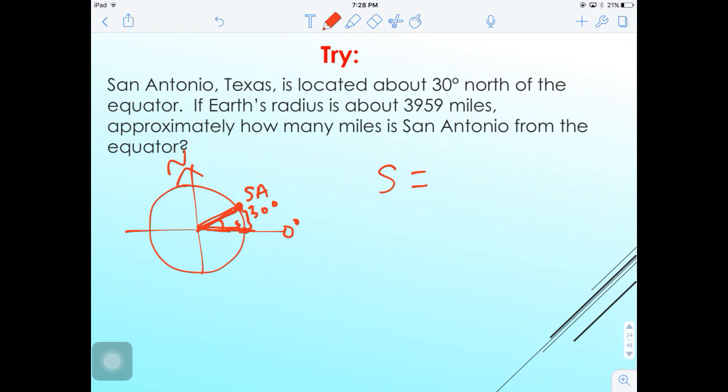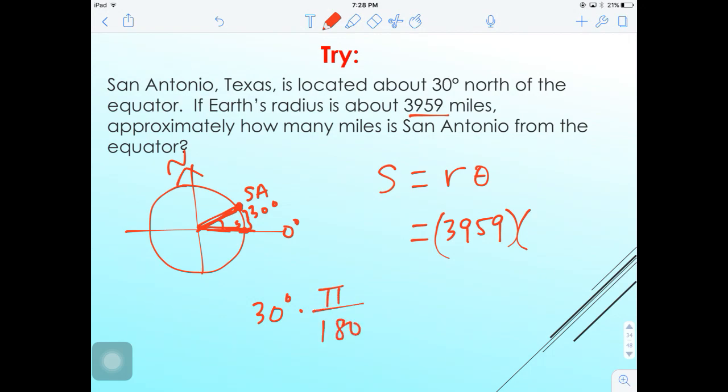Once again, using the formula that we just learned, S is equal to the radius, which in this case is 3,959, times the central angle. And remember, the central angle needs to be in radians. We have 30 degrees as the angle, and we need to convert it to radians by multiplying by pi over 180.